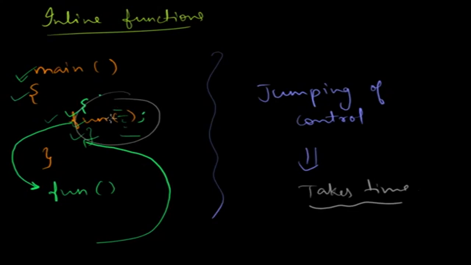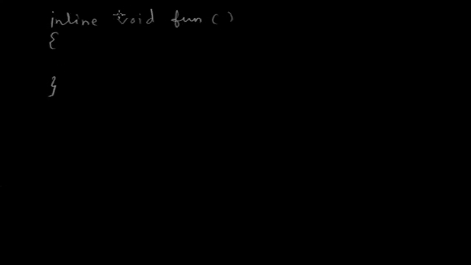Let's clear the screen. Now how do you define an inline function? Inline is a keyword provided by the C language. You just write inline and the function as it is, a normal function. So you had void fun and the body, and this statement is inside the function.